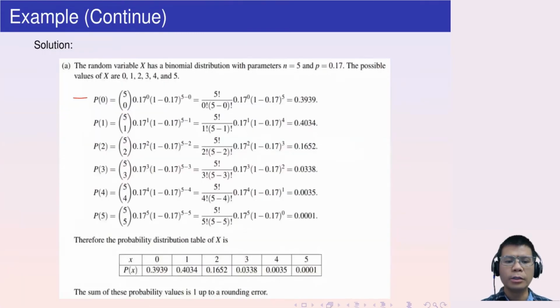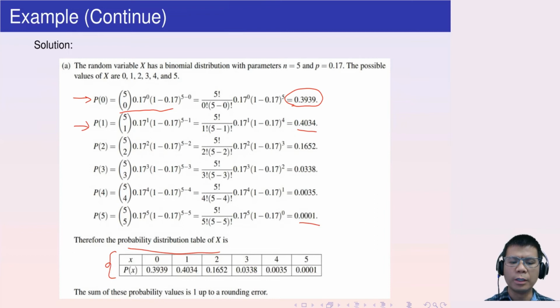Okay, so let's see what we can do. Now here is P of 0. You just plug into the formula and you find this one. Similarly for P of 1, P2, P3, P4, P5. And then the probability distribution can be constructed here, right? So X, P of X, 0, 1, 2, 3, 4, 5, and the probabilities. Now, the summation is 1 up to a rounding error.